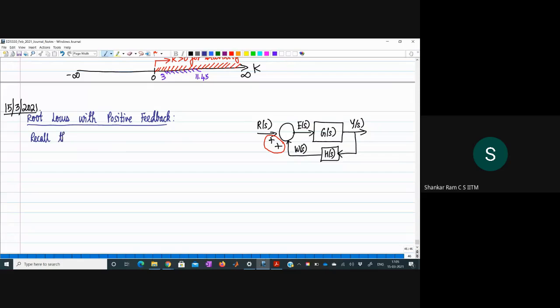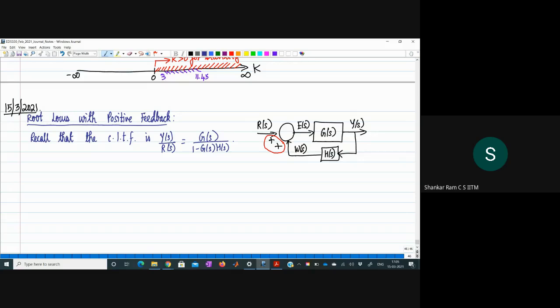Okay, so recall that for the positive feedback closed loop system, the closed loop transfer function is going to be Y of S by R of S, which is equal to G of S divided by 1 minus G of S H of S. Okay, so that's what we are going to get as the closed loop transfer function of the positive feedback closed loop system.